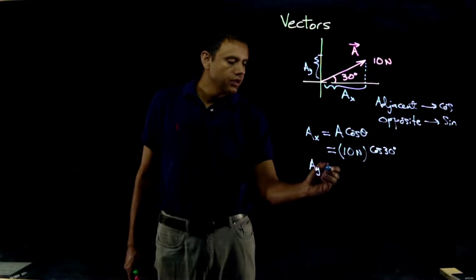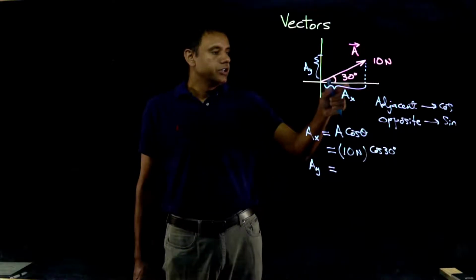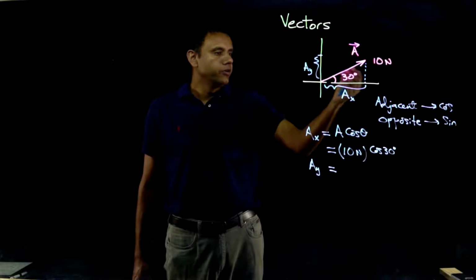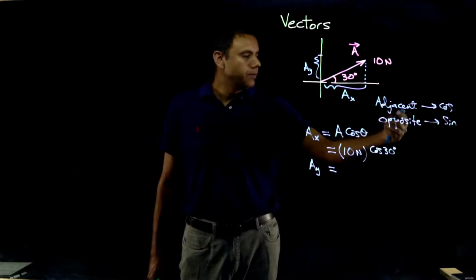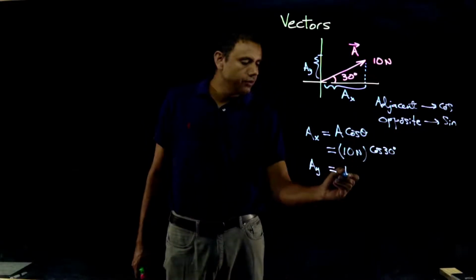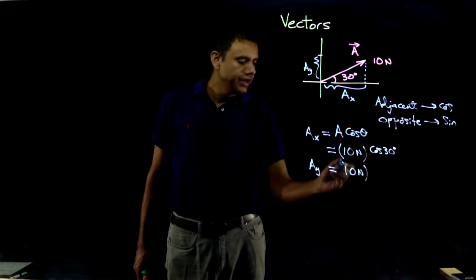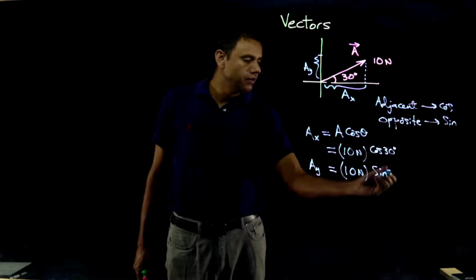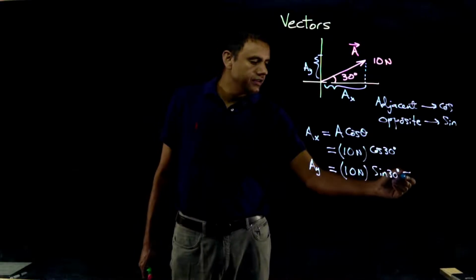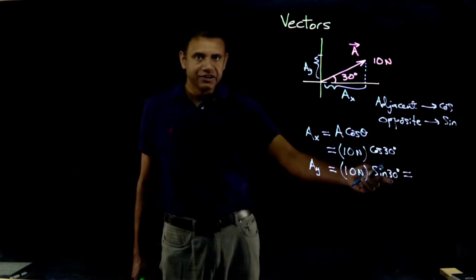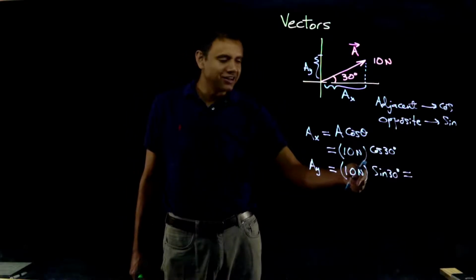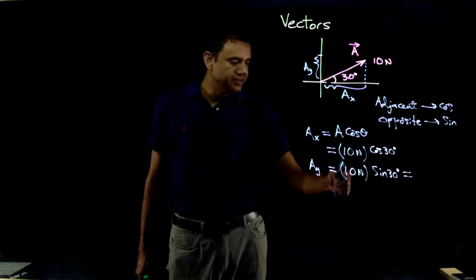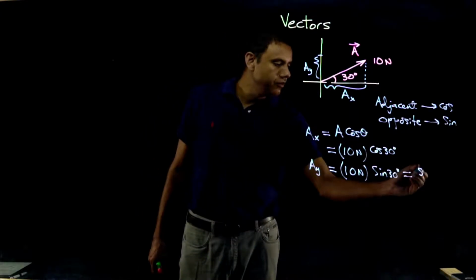Similarly, AY is the Y component, which is the opposite, and opposite is sine. So I would write 10 Newton times sine of 30 degrees. Sine 30 is 0.5, so I don't need to use a calculator, and 0.5 times 10 gives you 5 Newton.